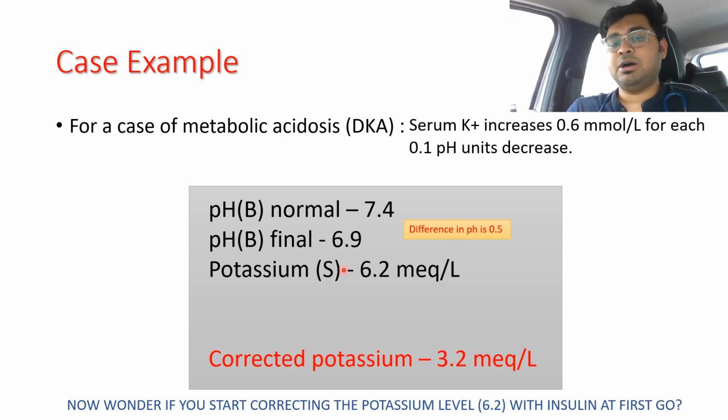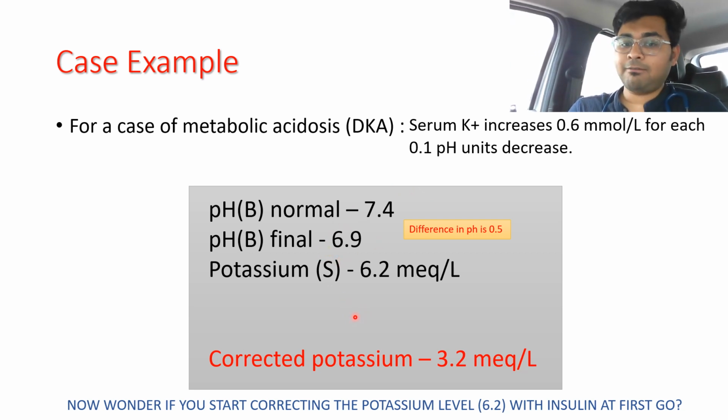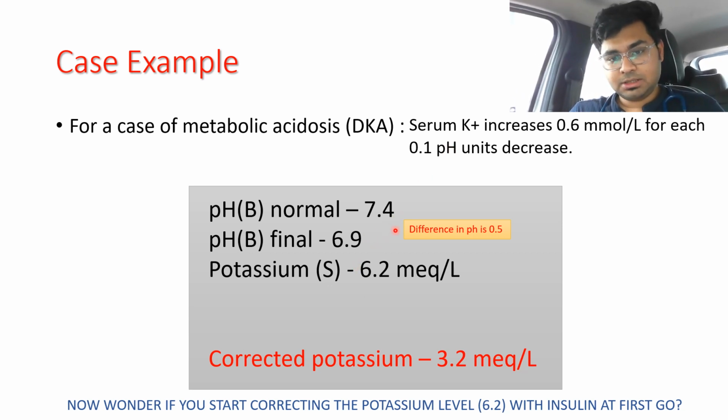So here we have to see what is the difference between the normal pH and the pH which we are getting in the patient, and accordingly we have to see how much potassium should have risen in the ideal case. Here the difference in pH is 0.5, that is 7.5 minus 6.9 is 0.5, and for every decrease in pH of 0.1, the potassium should have increased by 0.6 millimole per liter.